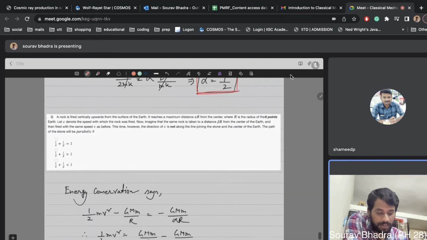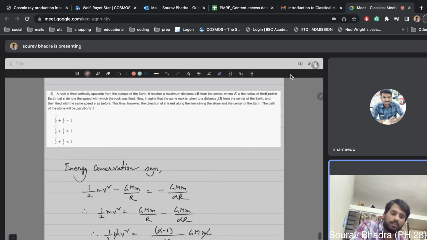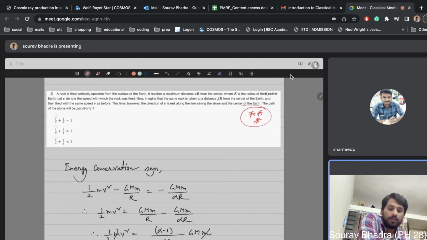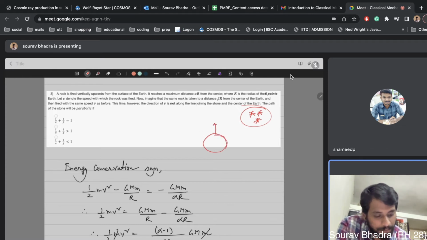Now this is a good problem. I really like this problem. Someone asked about this problem in the last class also, okay. So what this problem says is that a rock is fired vertically upward from the surface of the earth, and it reaches a maximum distance of alpha R from the center, where R is the radius.